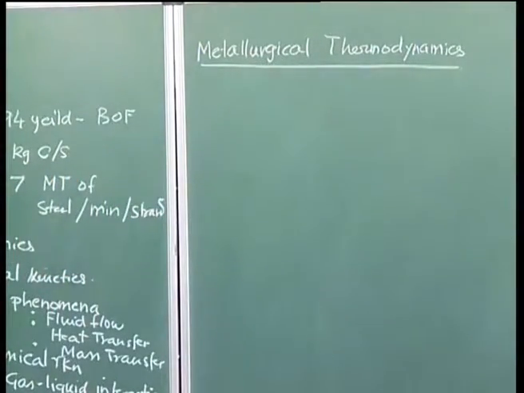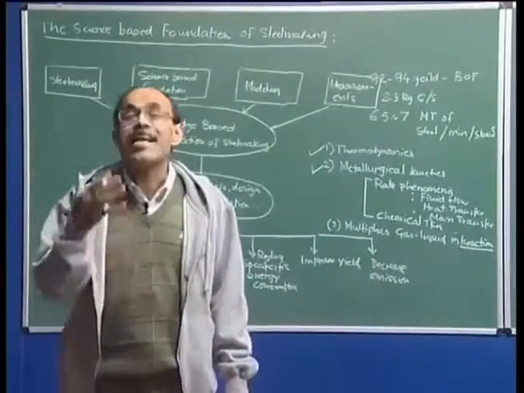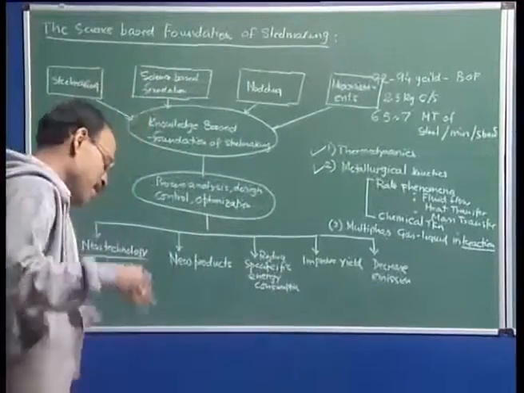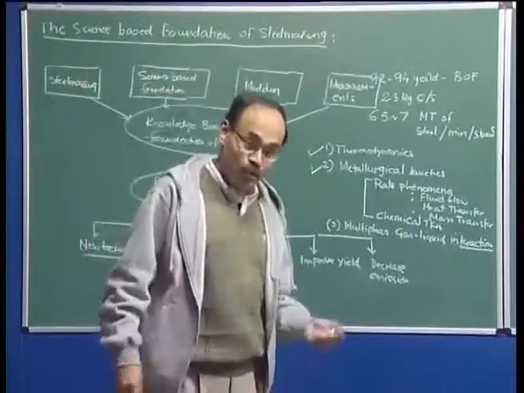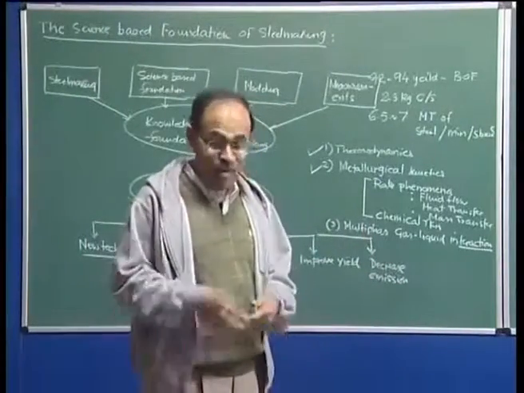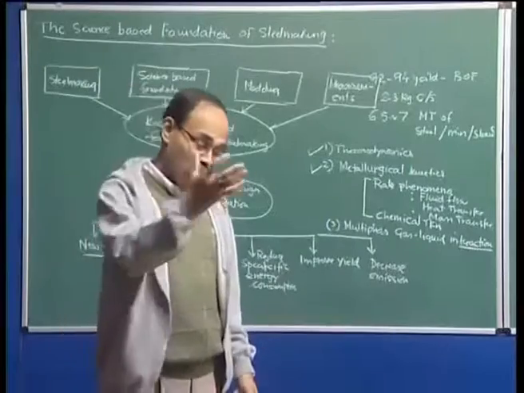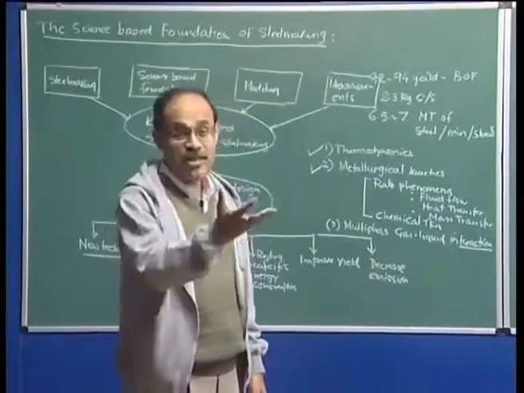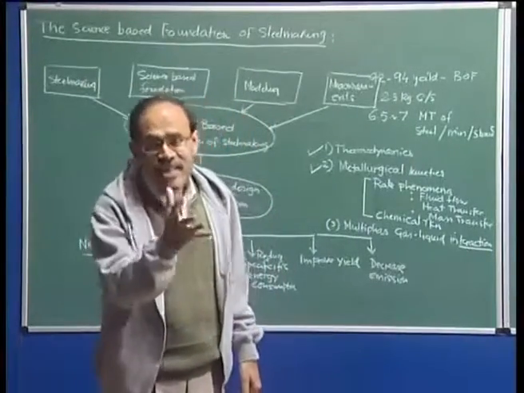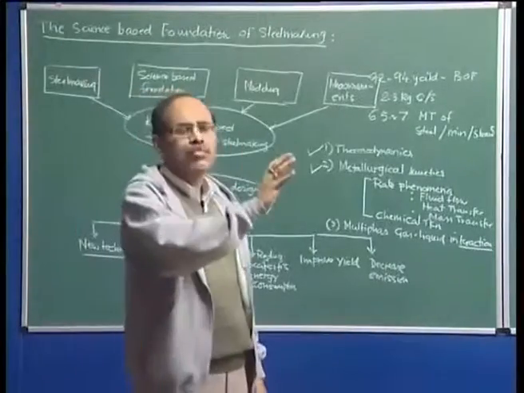It is a vast subject, as I have mentioned, but in the context of steel making, we apply metallurgical thermodynamics particularly to calculate the state of equilibrium of the system. So, in many instances we would like to see whether this process has reached equilibrium or not. For example, say the carbon oxygen reaction is taking place in a basic oxygen steel making converter. Is the reaction close to equilibrium? How far is it from equilibrium?